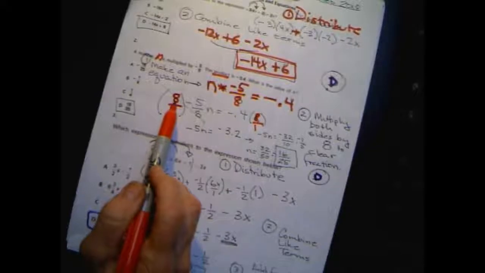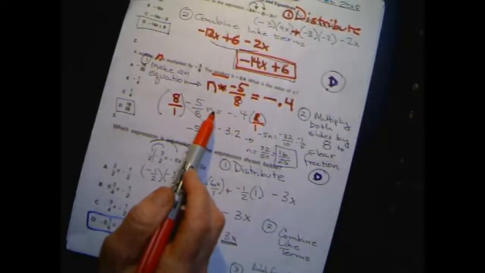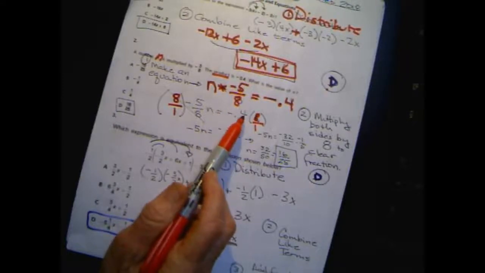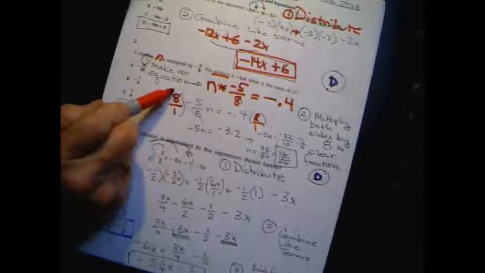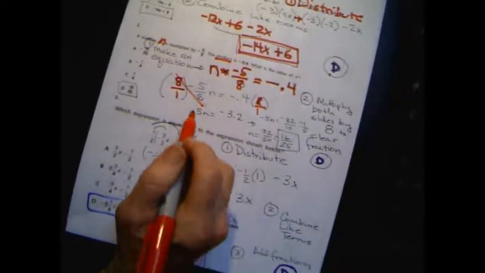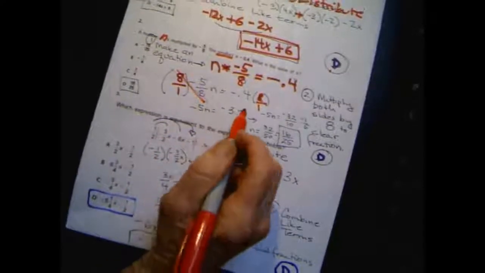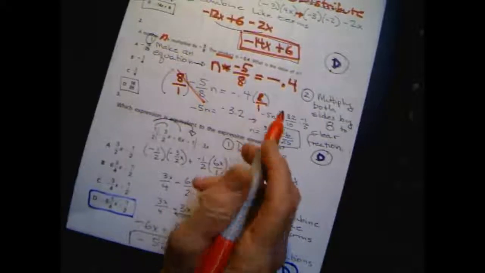So I'm multiplying 8 times -5/8 n, and that's equal to 0.4 times 8 over 1. The reason I did this, you can see my 8's nicely cancel, and so I'm left with -5n, and if I multiply 0.4 times 8, I'll get 3.2.